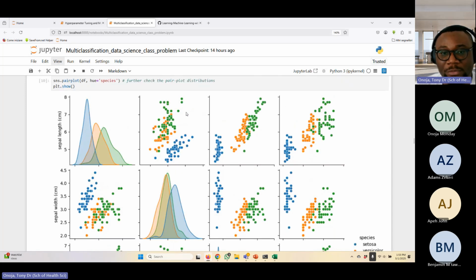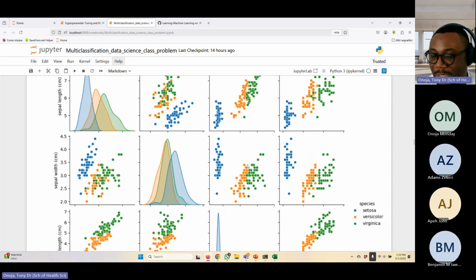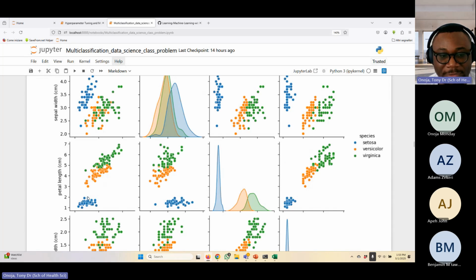The two of them seem to be really struggling to identify. But Setosa always seems to be easy to distinguish from the two. So it means that these two guys here are quite similar to each other. If you see, they always clump around each other compared to this guy. This guy stood out, very distinct.